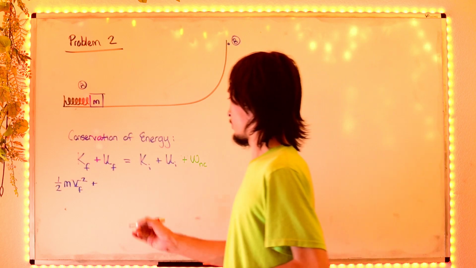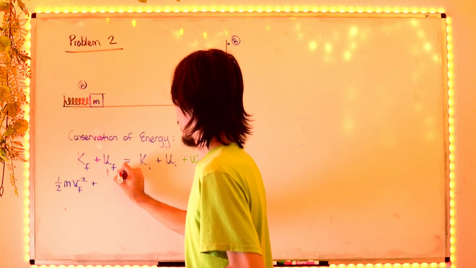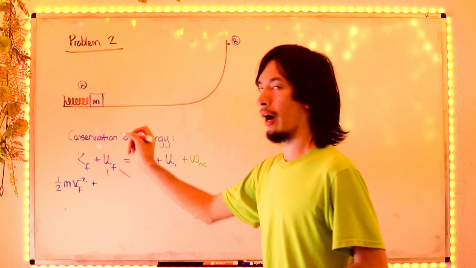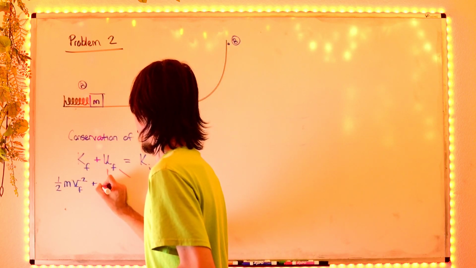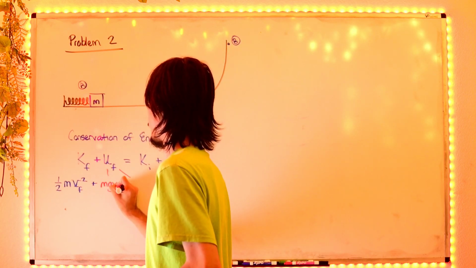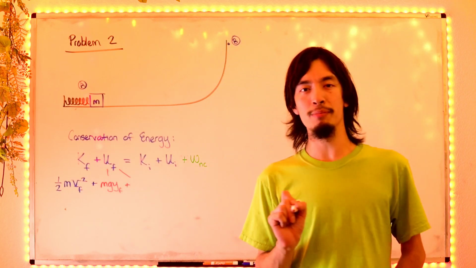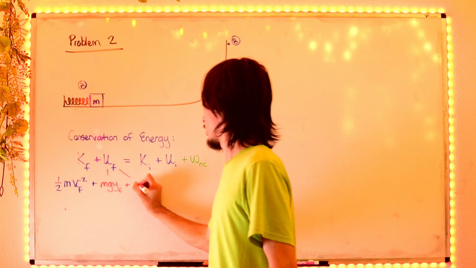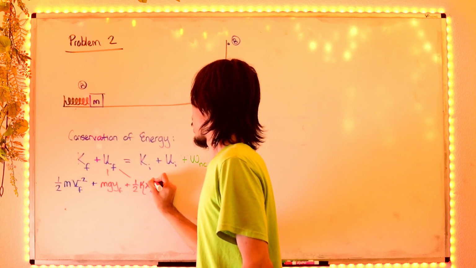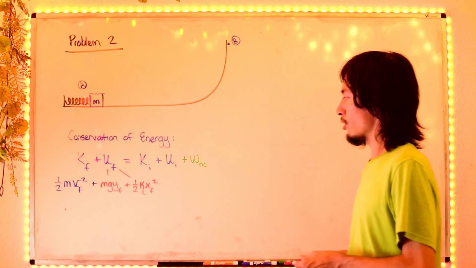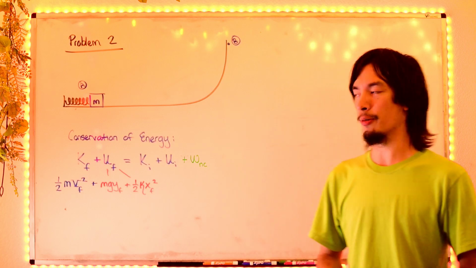So when I write the potential energy here, in this case the final, I'm going to write two terms added to each other. I'm going to write a gravitational potential energy, mgy final, plus a spring potential energy, if I have it. So it's plus 1/2 kx final squared. So this is my gravitational and my spring potential energy put into there.